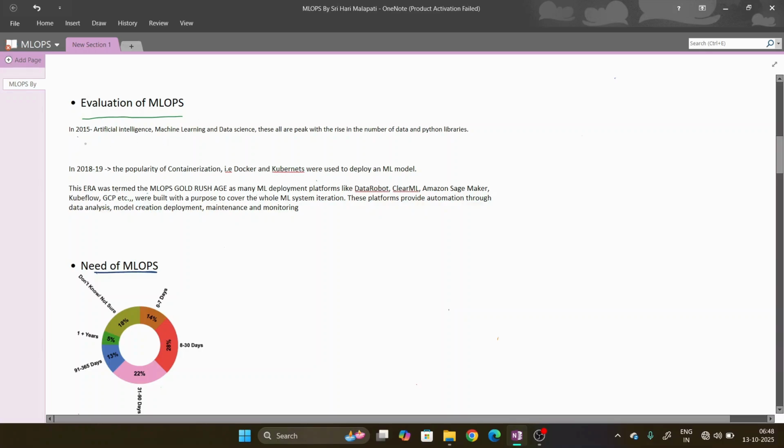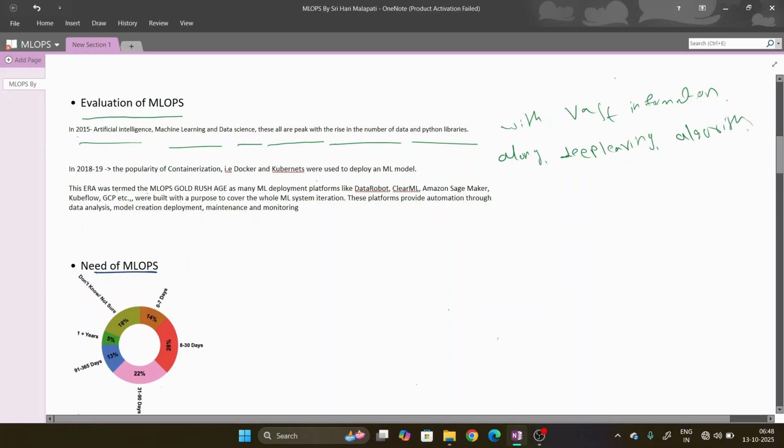In 2015, artificial intelligence, machine learning, and data science all peaked with the rise in the amount of data and Python libraries, with vast information, along with deep learning, algorithms, and neural networks.